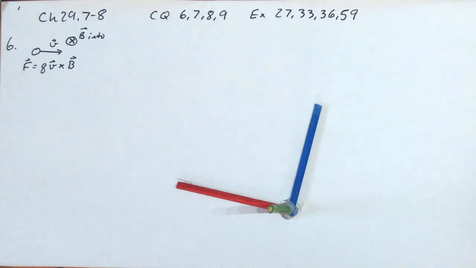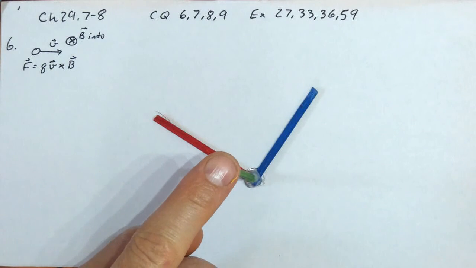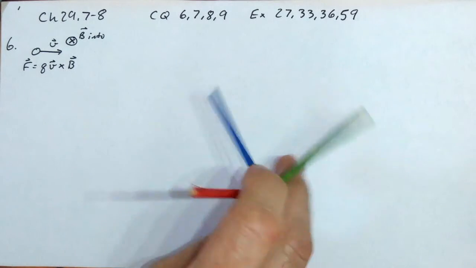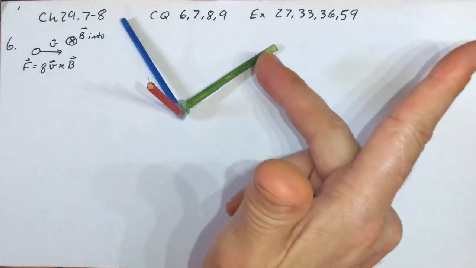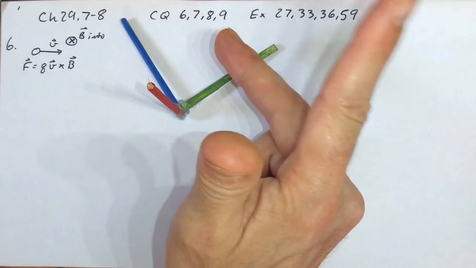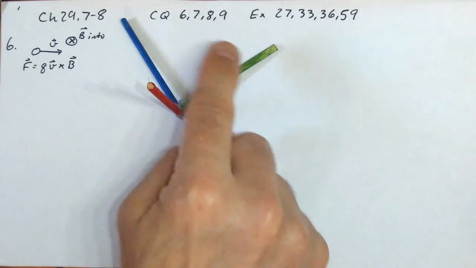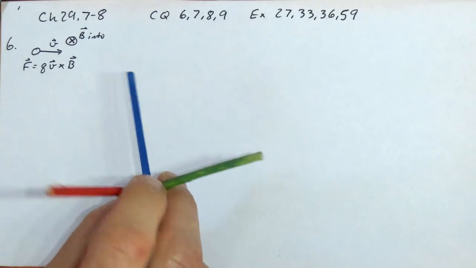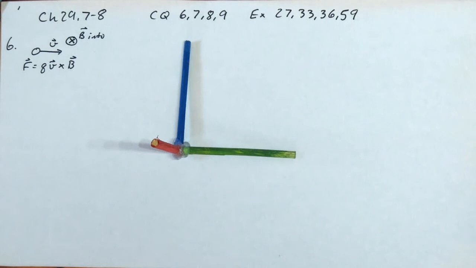Here I've drawn it to make things a little bit easier. This is the first vector. Velocity, magnetic field, force. Using this, my velocity is to the right, so I've got it pointing to the right.